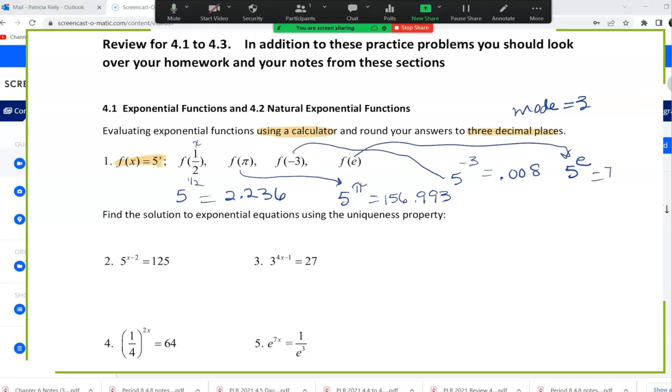And you should be getting 79.432. So make sure that you can get these answers, okay? That's 5 to the 1/2, 5 to the pi, 5 to the -3, and 5 to the e to the first.